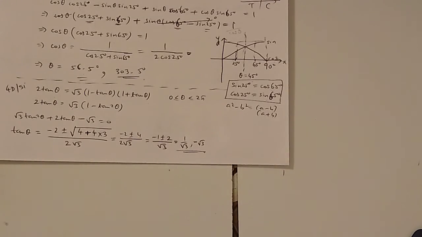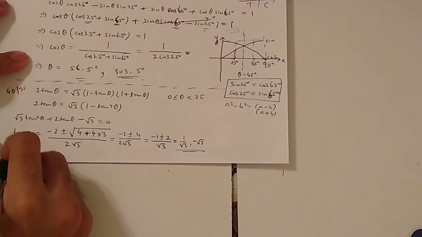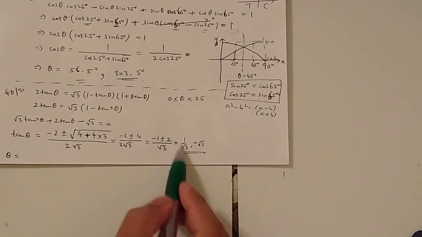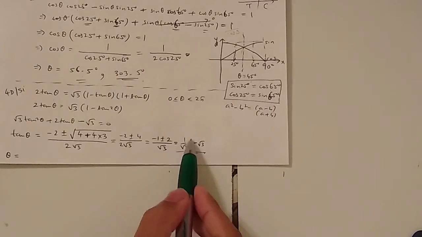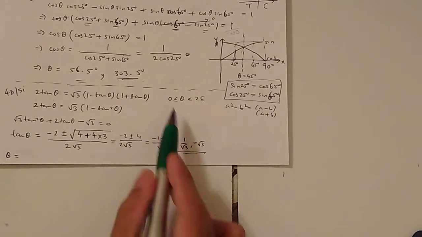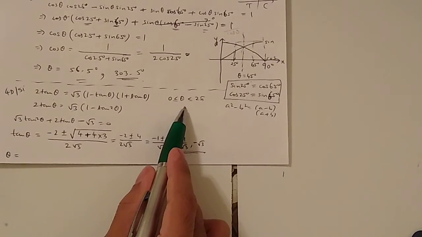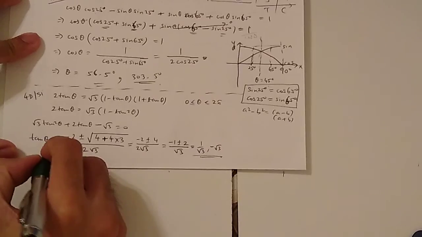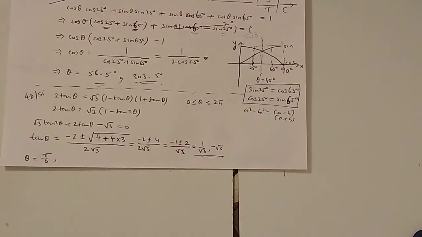We are not done with the solution, because we need to find theta. Okay, so for the first solution, 1 by root 3, the tan inverse of this value is going to be 30 degrees. But notice our range is given in radians, therefore we need to write the answer in radians. 30 degrees in radians is going to be pi by 6 radians.